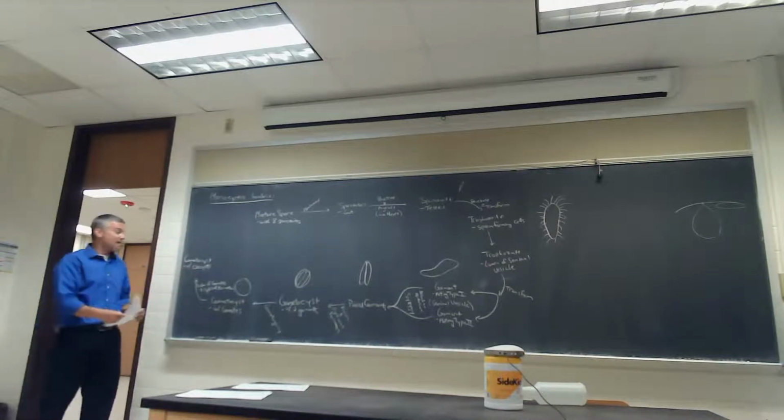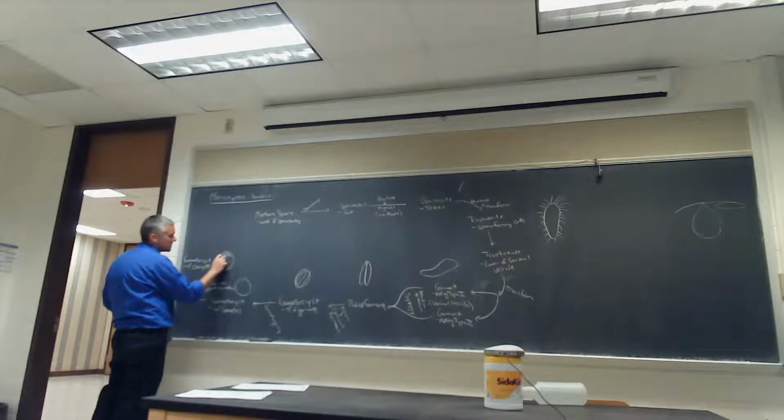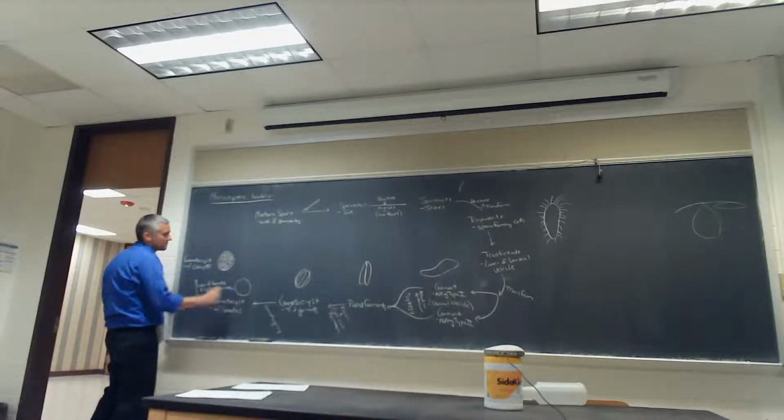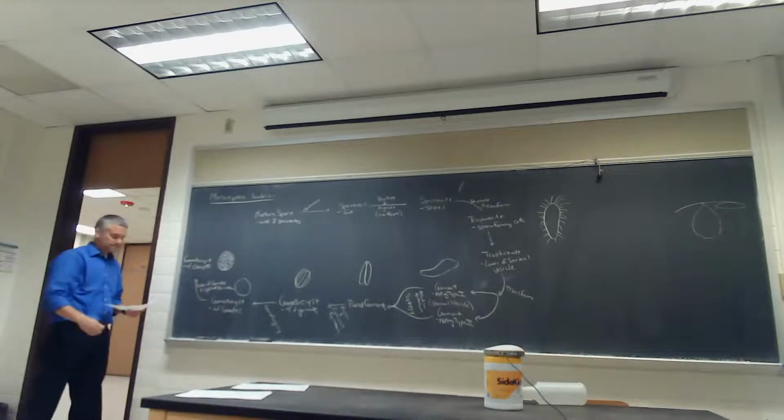So you're going to have this gametocyst now with all of our spores inside it. And you'll be able to tell different ages, because the more full these things are, the more mature the gametocyst is. So each of these would be an oocyst.